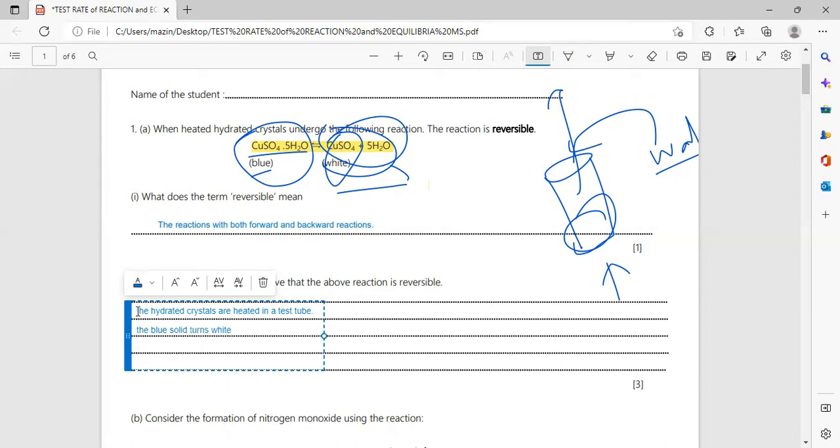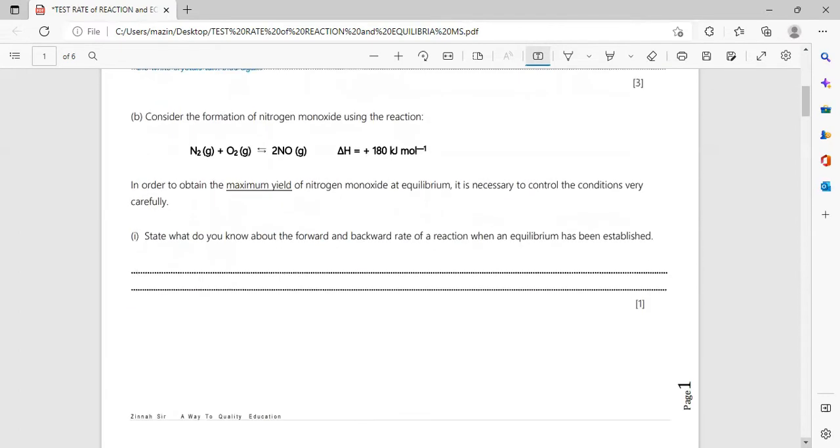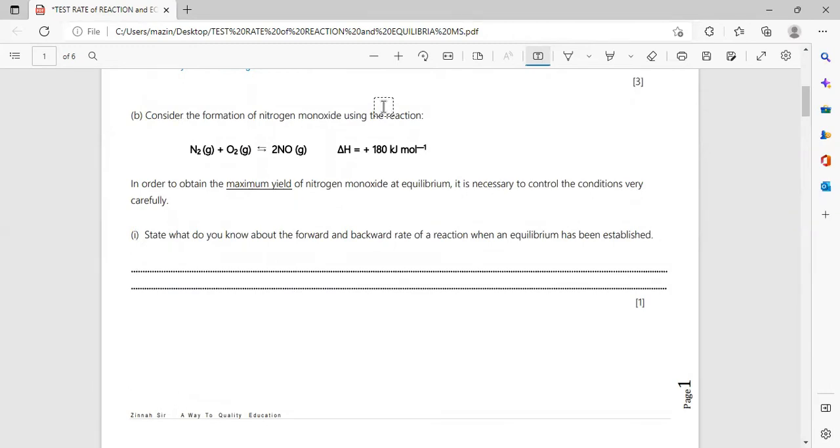Next, an amount of water, or a few drops, is added to the white crystals again. And then what would happen? Again, observations: the white crystals turn blue again. So this is how we score marks. For doing two things, heating and adding water, you get 2 marks. And for the observation, you get another mark. If you miss the observation, then you miss 1 mark.